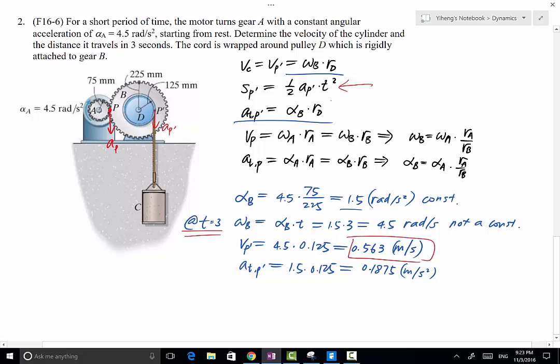And then substituted into this equation, SP prime, the displacement, equals 1/2 ATP prime times t squared, which is 1/2 times 0.1875 times 3 squared, and that equals 0.844 meter.